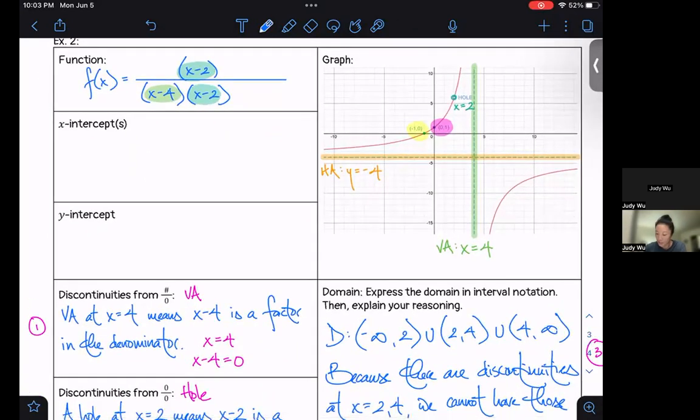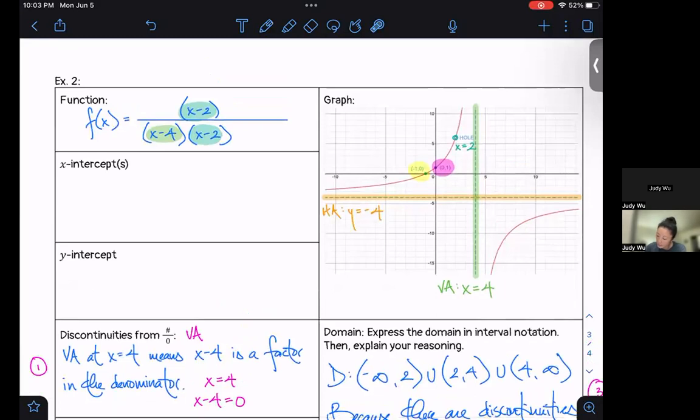My next suggestion is to take a look at what is happening for the intercepts, okay? So let's start with the x-intercept, all right? The x-intercept is -1, 0.